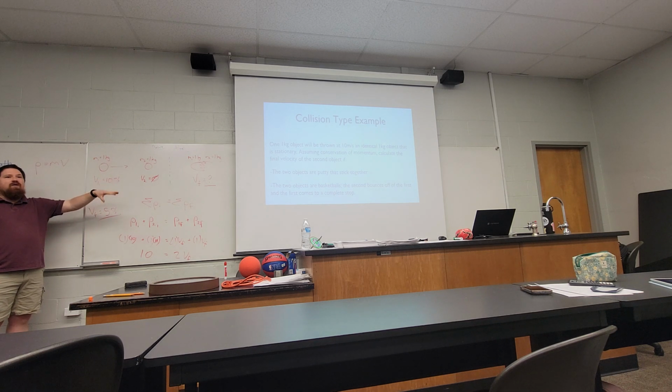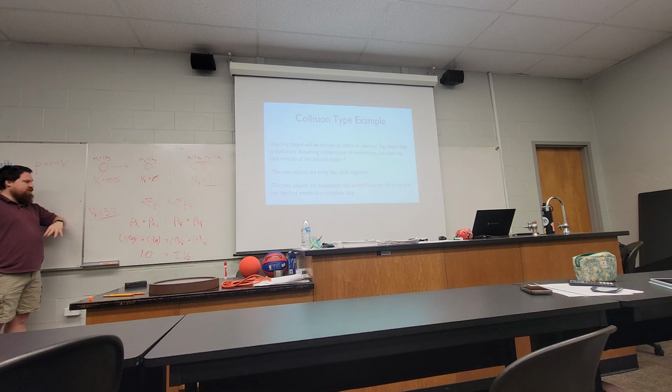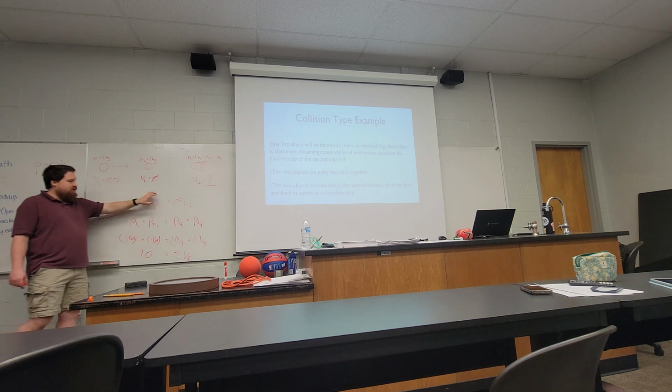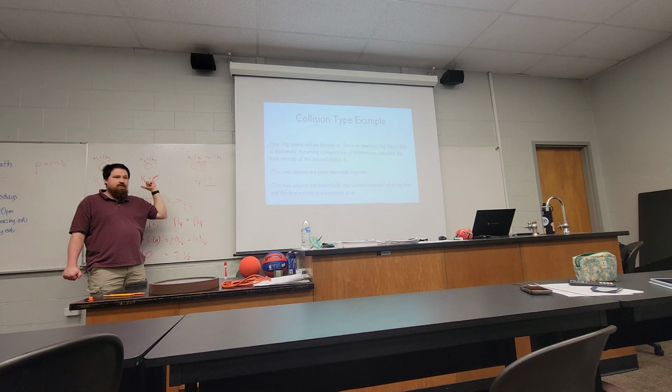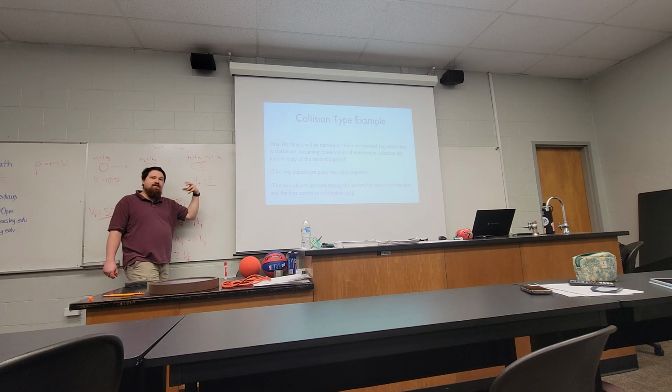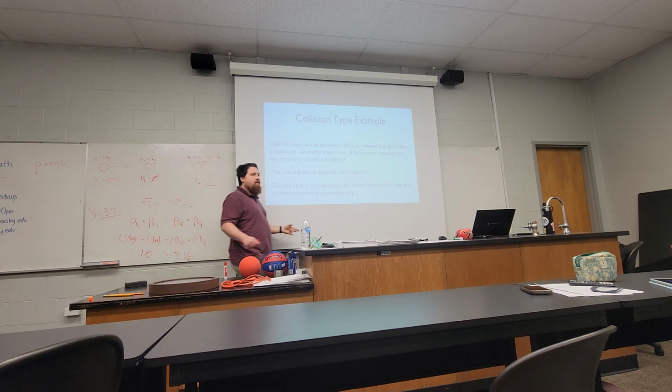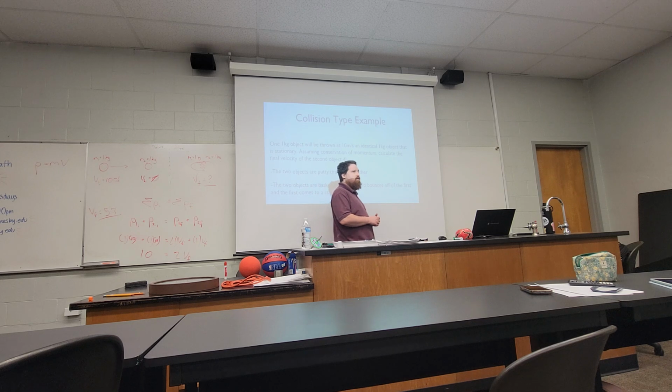They each now have 5 units of momentum so that their 1 kilogram masses are both moving at 5 meters per second. You could think of it as, instead, comparing 1 kilogram moving at 10 meters per second to 2 kilograms moving at 5 meters per second. So they are now evenly sharing the momentum that the first object brought.